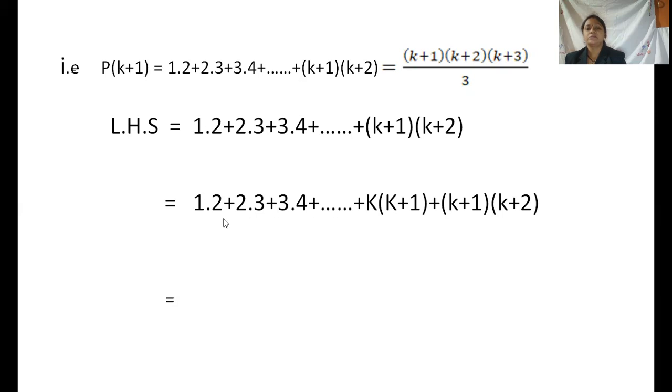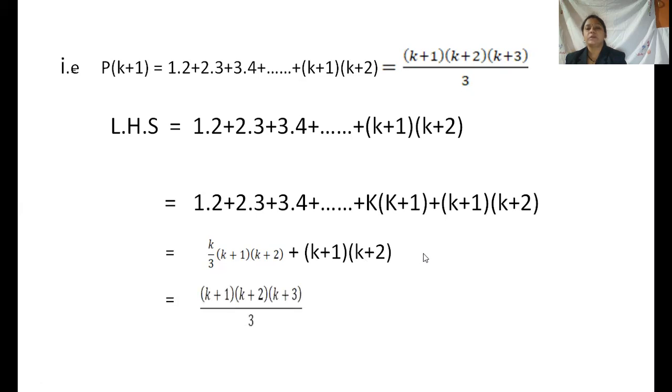And now this is equal to k(k + 1)(k + 2) upon 3 plus (k + 1)(k + 2) by equation number 1.